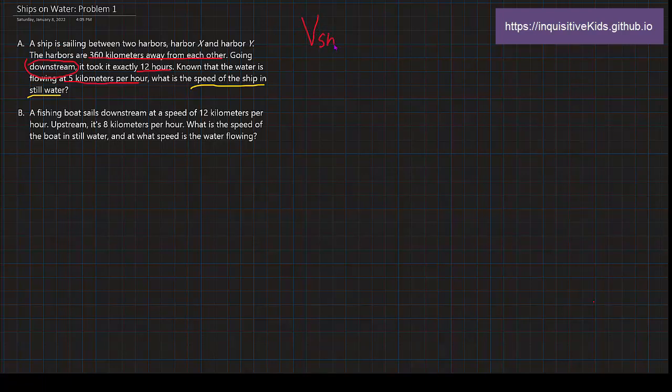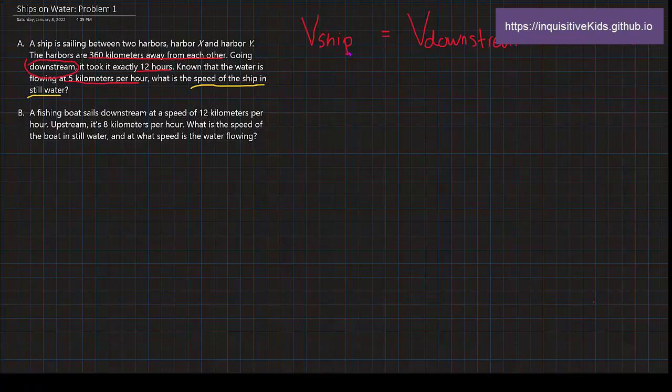So the velocity of the ship is equal to, right here we're going downstream, so the velocity of downstream, the downstream speed, minus, because this is what we have from one of our equations, the velocity of the water.